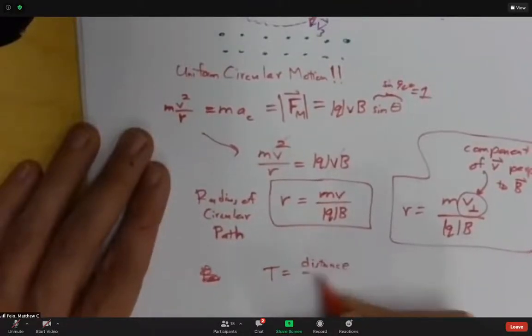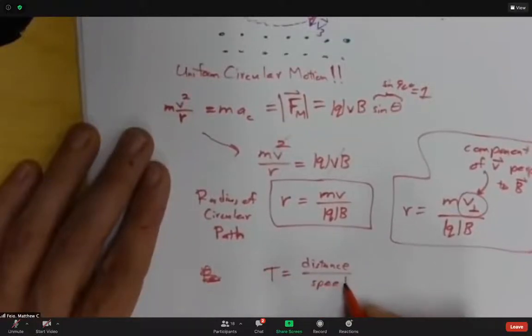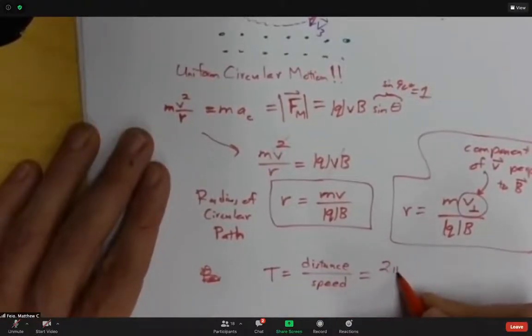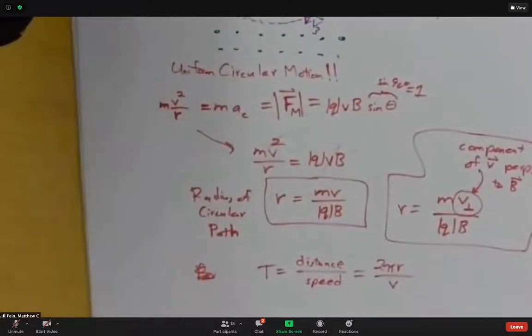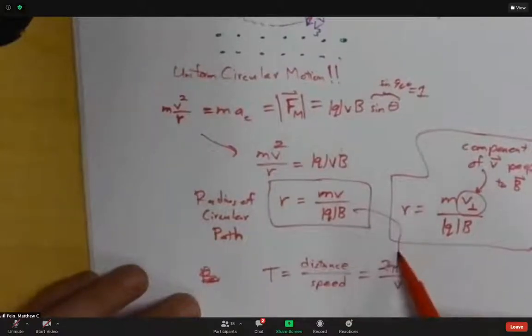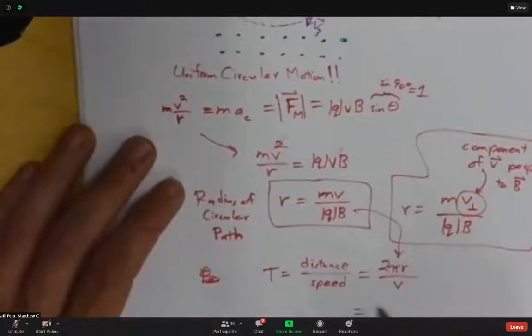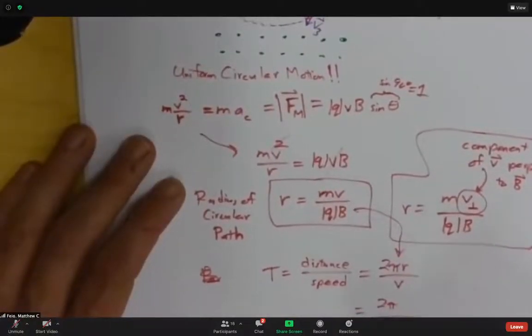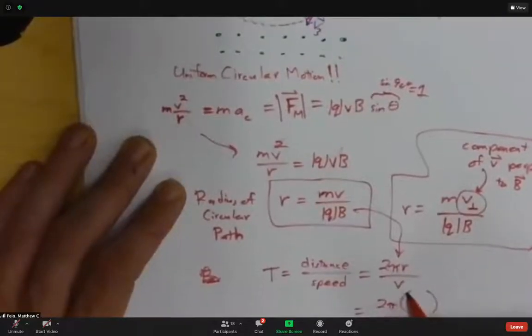The distance for one orbit divided by the speed at which you're moving along the orbit. Well, what's the distance? 2 pi r, and the speed is v. And we have the formula for r, so let's pop that in there. So it's 2 pi over v, mv over qb.